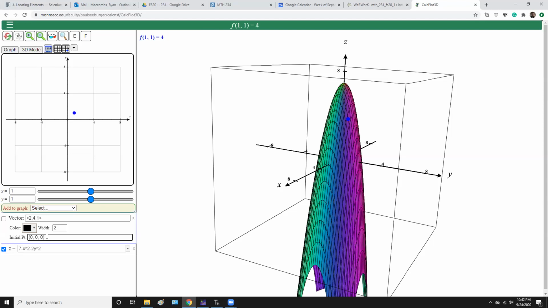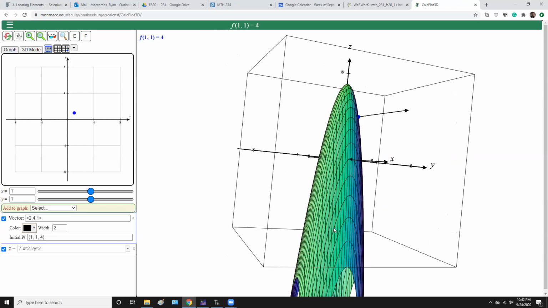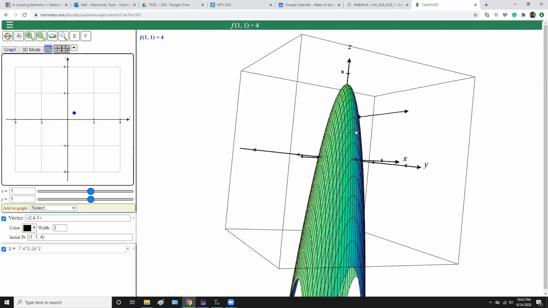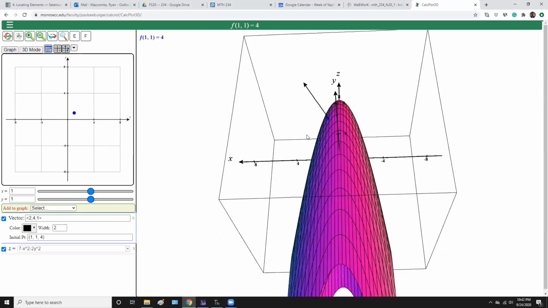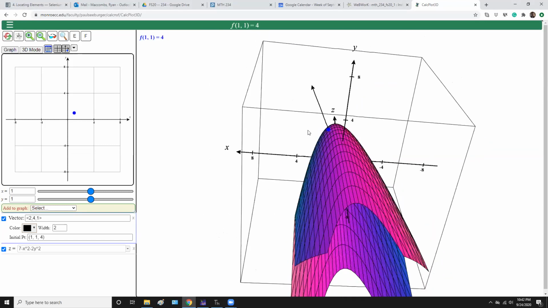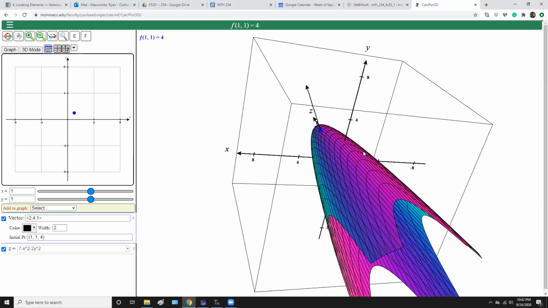So this point is the point 1, 1, 4. If I didn't do that, it would be pretty unimpressive because it would just come out of the origin. So let's see what it looks like. That's looking pretty good, right? That looks like a 90-degree angle there. Let's maybe look from this direction. That looks like a 90-degree angle. Yeah, so this seems like a pretty good normal vector.